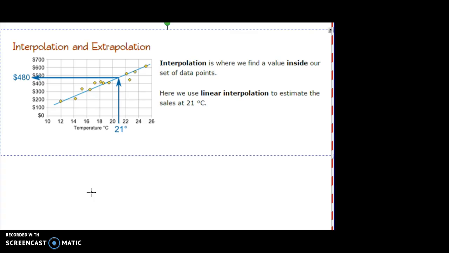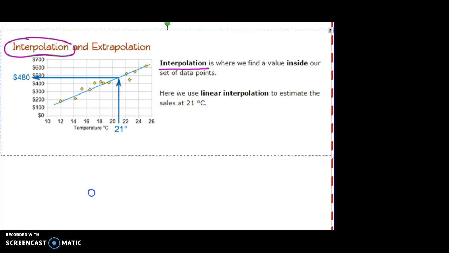Okay, this goes back to the temperature and ice cream sales example. Two words very important to know. Interpolation is where we find a value inside our set of data points. So here we use linear interpolation to estimate the sales at 21 degrees Celsius.